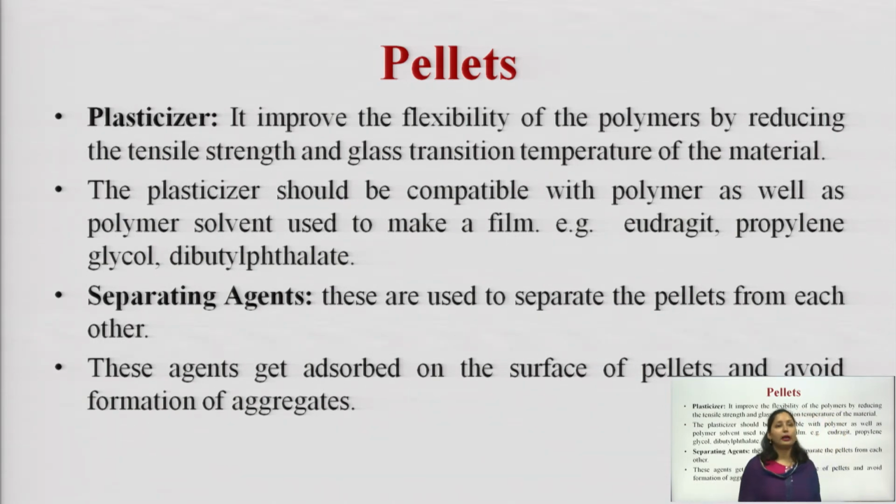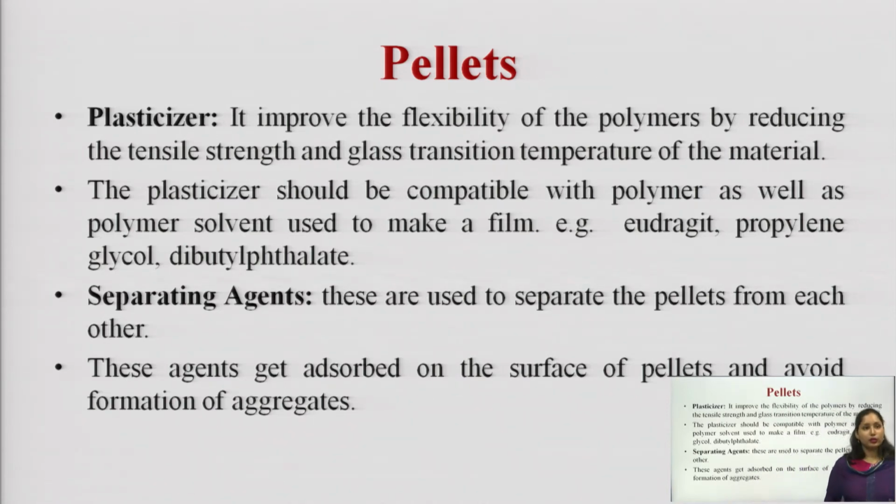Then plasticizer. Okay. Plasticizer, as the name indicates, what is it going to do? It will increase the flexibility. Okay. So, to improve the flexibility of the polymer by reducing the tensile strength and glass transition temperature of the material, the plasticizer should be incorporated.